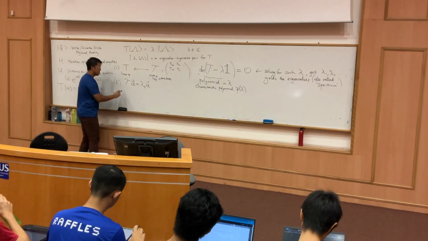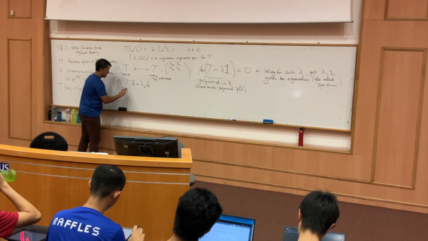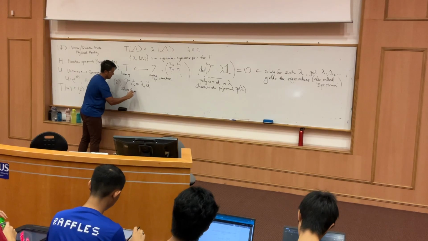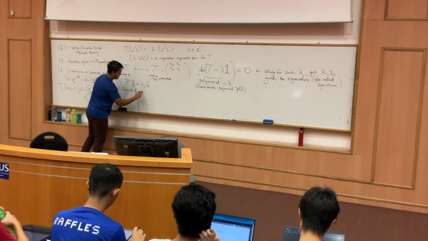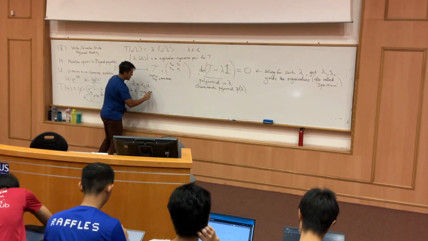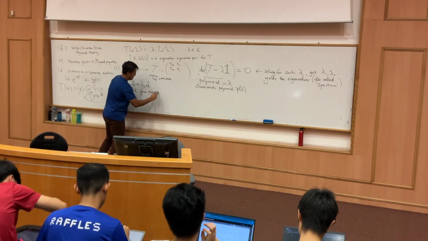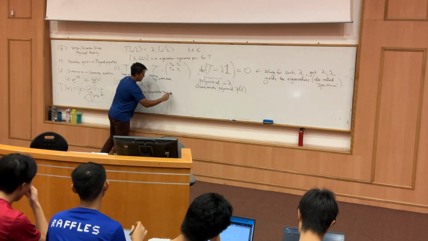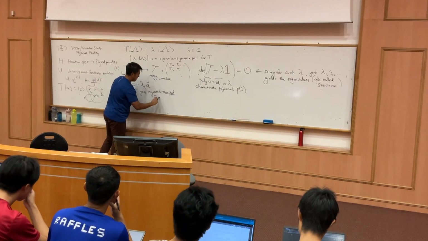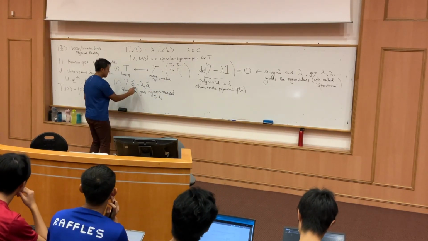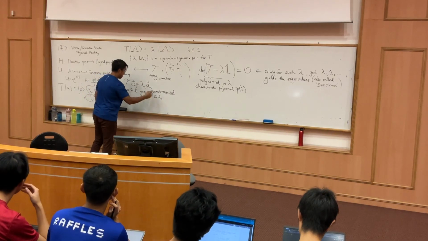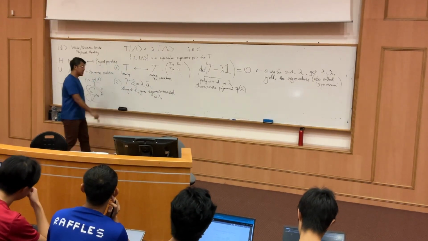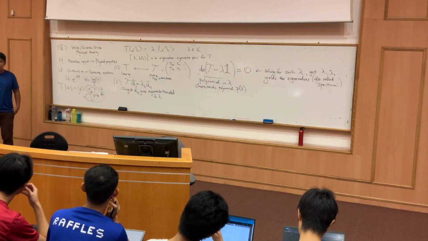Solving for A gives the eigenvector associated with lambda i. Let's call it A_i, because for each lambda i, you get a different eigenvector.